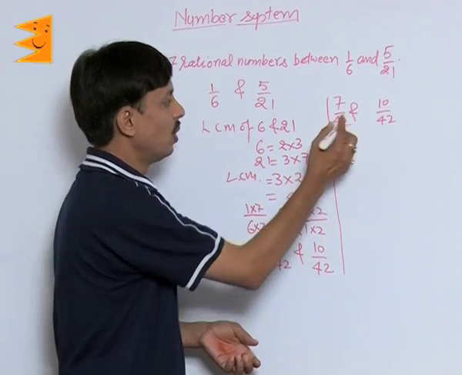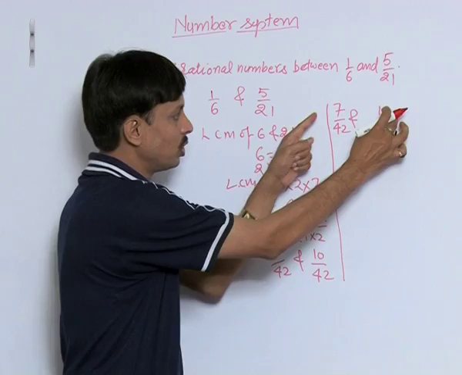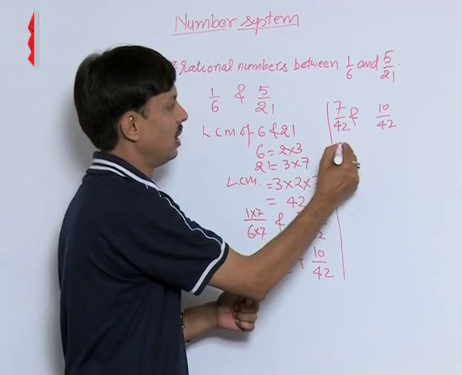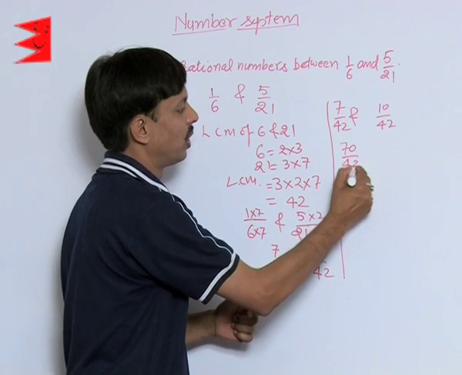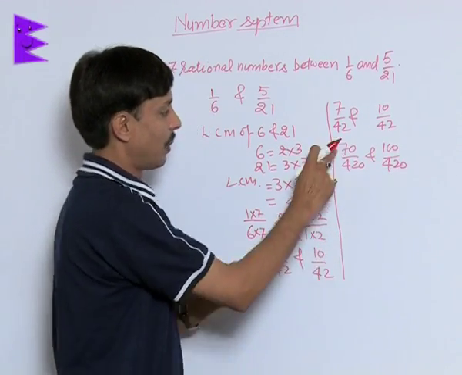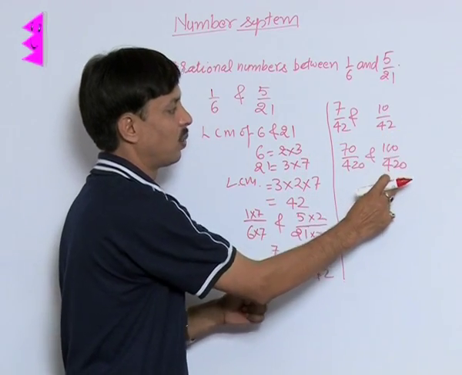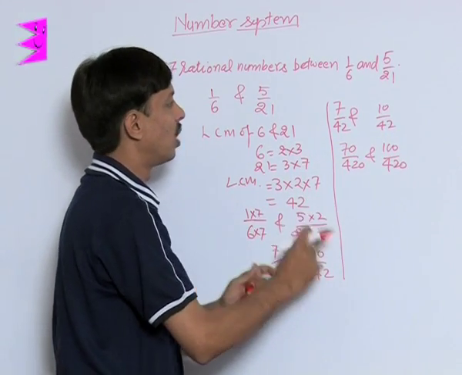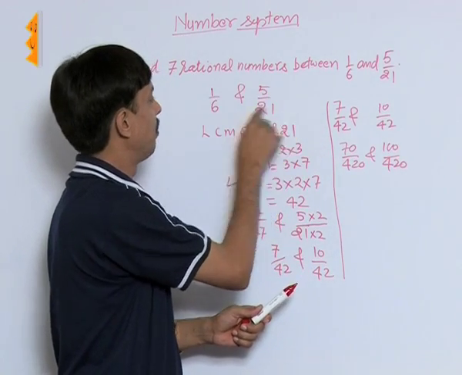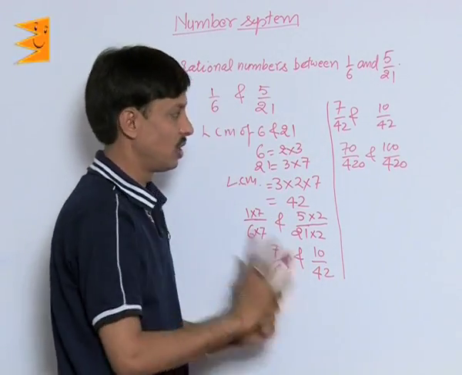Now what can we do? We can multiply these two numbers by the same number, that is, we get 70 upon 420 and 100 upon 420. Still these are the same as 1 by 6 and 5 by 21.